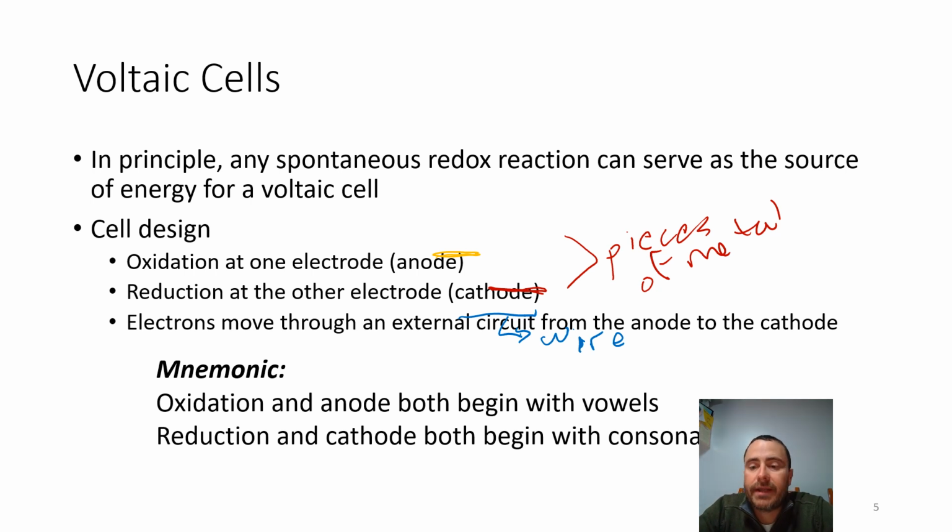A good way to remember: if you don't know where oxidation or reduction takes place, look at the mnemonic. Oxidation takes place at the anode. Oxidation starts with an O, anode starts with an A. Those are both vowels. Reduction happens at the cathode. Reduction R and cathode C both start with consonants. That's a good way to remember those things as well.